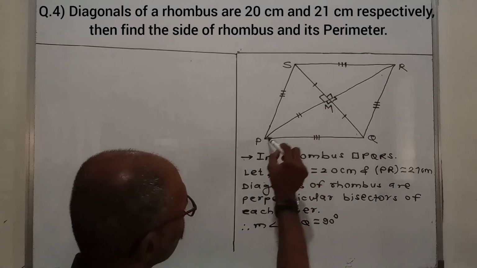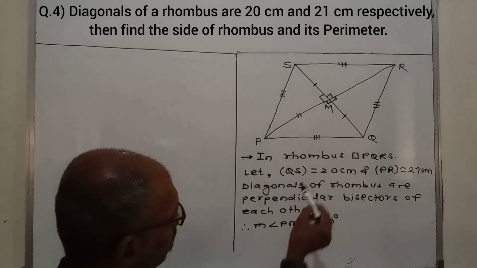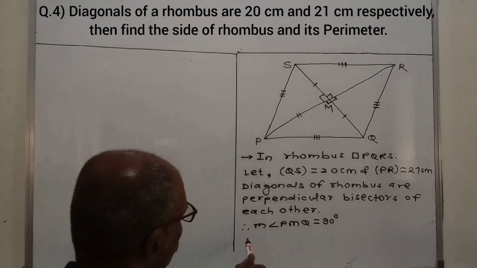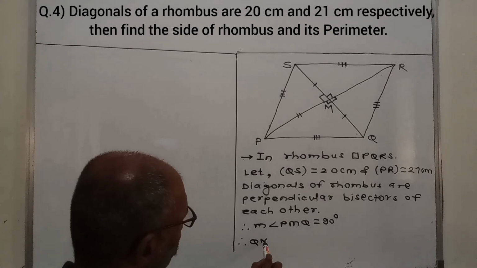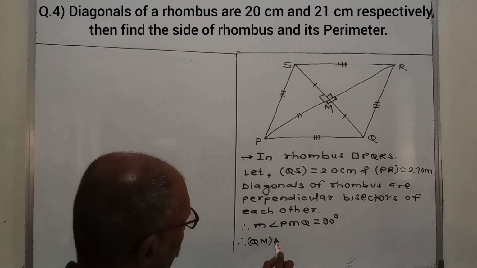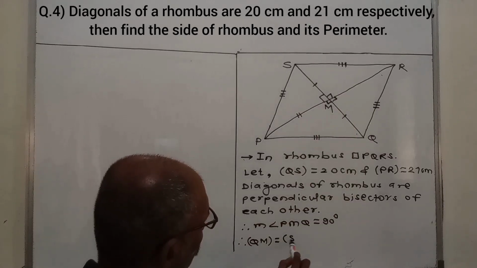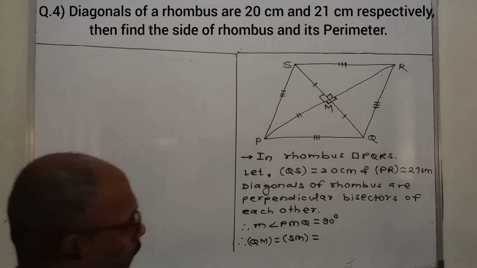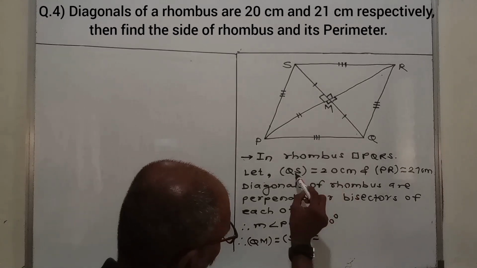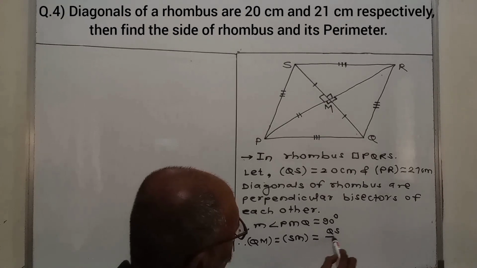So see here, QS is equal to 20 centimeters. Therefore, QM is equal to SM is equal to QS upon 2.